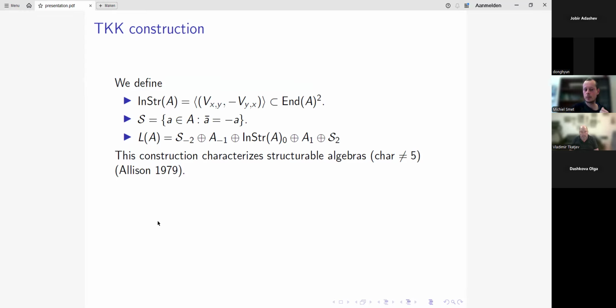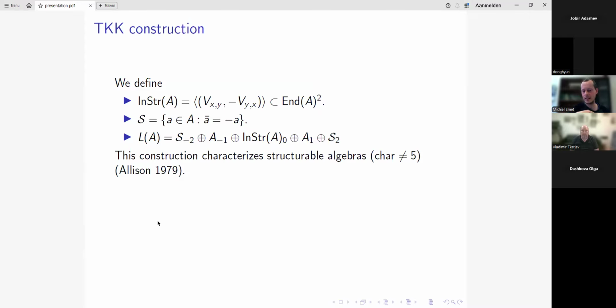And your Lie algebra is once again a Z-graded Lie algebra with, on the 1 and -1 graded components, distinct copies of your algebra. On the +2 and -2 graded components, you have the skew elements, distinct copies, and the 0 graded component, you have the inner structure algebra.